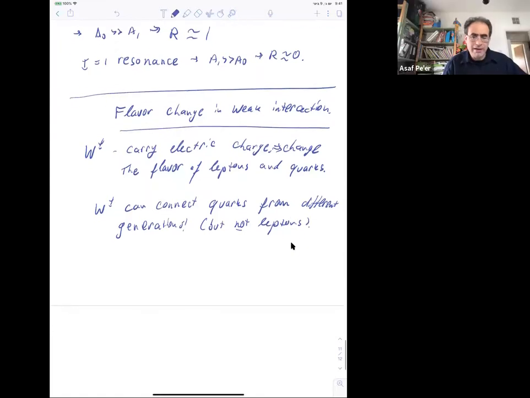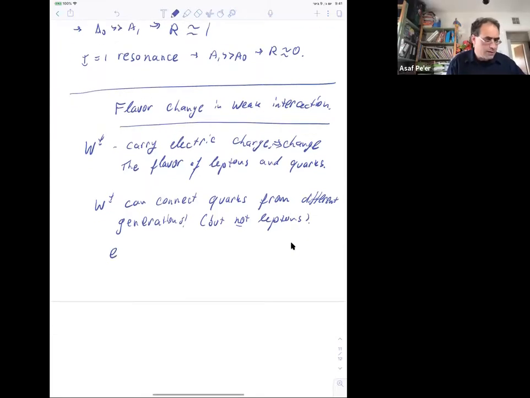So we cannot have a decay like mu minus going into a neutrino and an electron. That is not allowed. But we can have an interaction where the s quark becomes a u quark, not just that, but as part of a larger interaction. This is allowed.